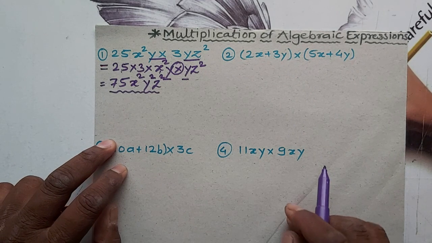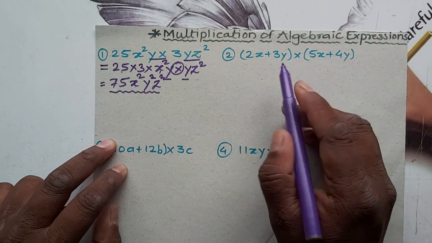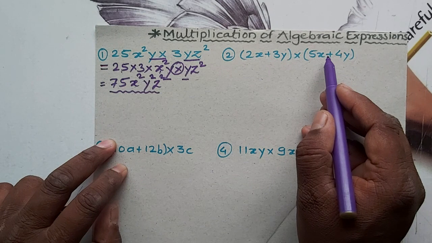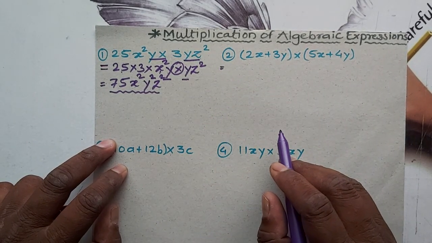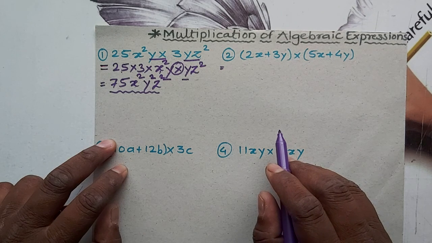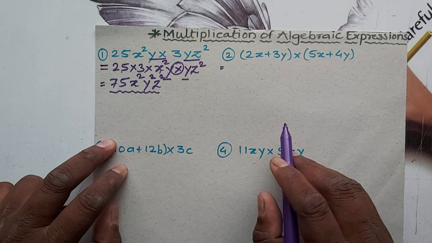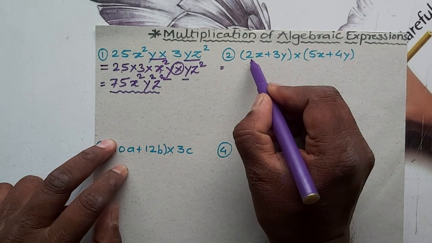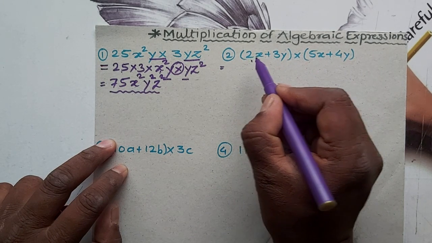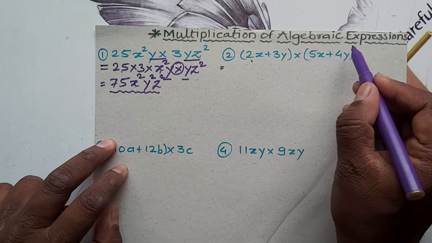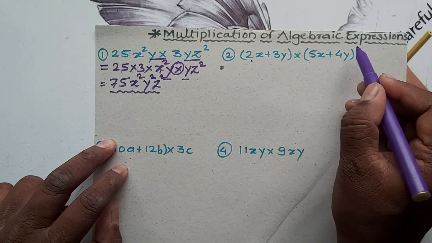Okay, now the second example is binomial times binomial. So what we have to do: first we have to multiply the first term of the first binomial by the whole second binomial.